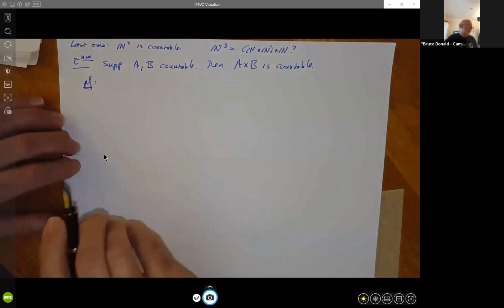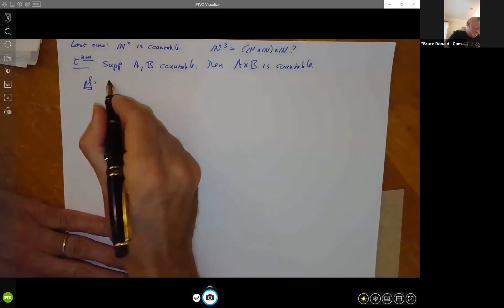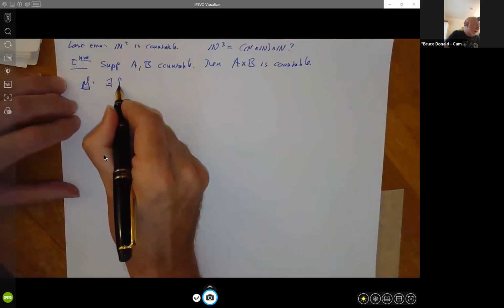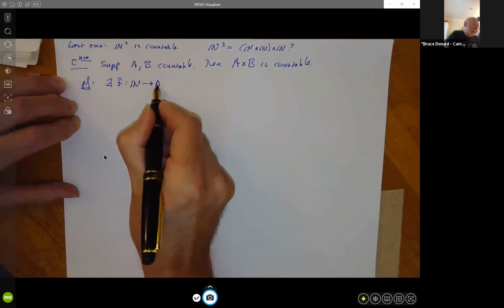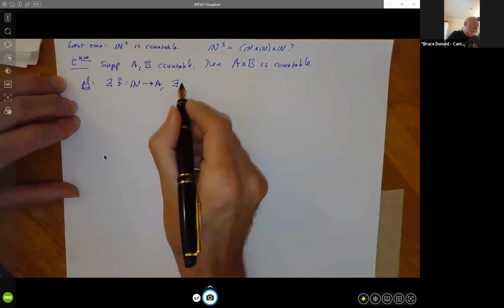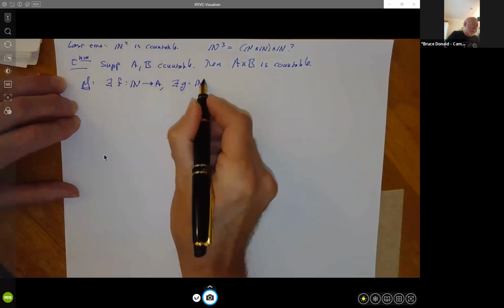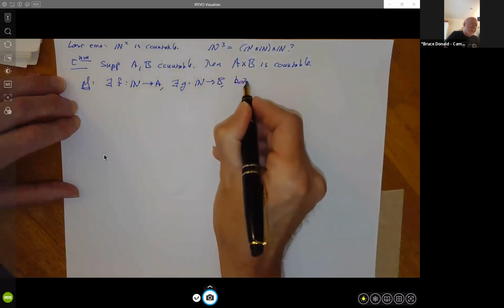So we can prove that by construction. If A is countable, there exists some function, which I'll call f, from the natural numbers onto A. And there exists some function, if B is countable, called g, from the natural numbers onto B. Both of these are onto.